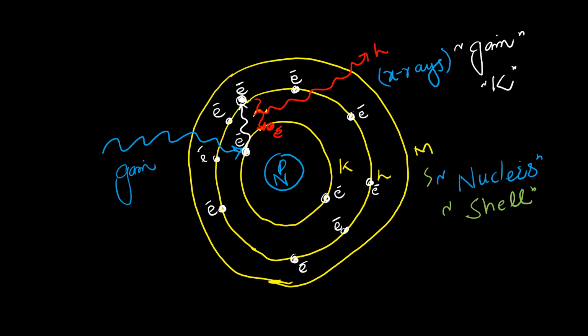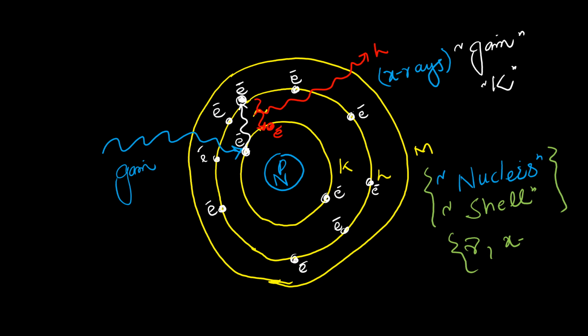This is basically the difference between a transition of nuclei and of shell, which produce gamma rays as well as X-rays.